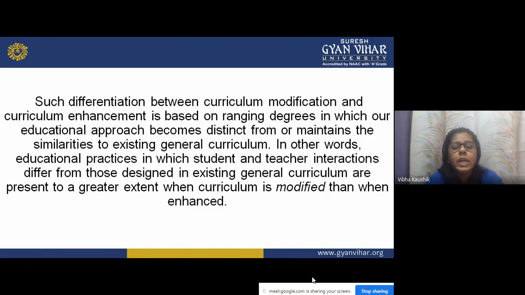In other words, educational practices in which student and teacher interact differ from those designed in the existing general curriculum.